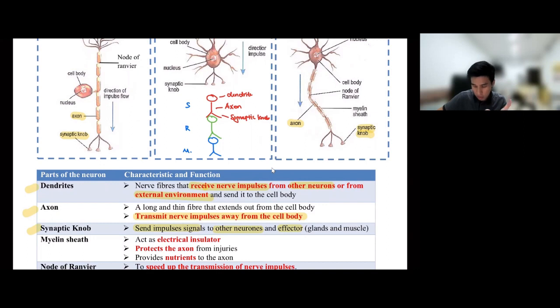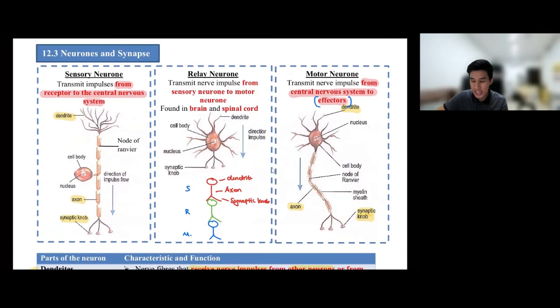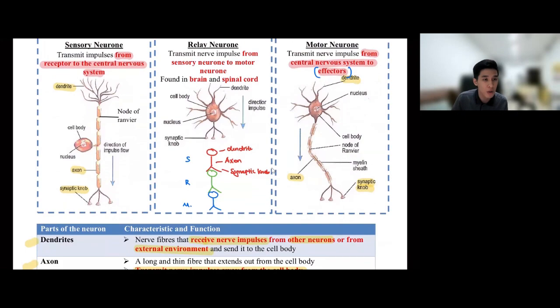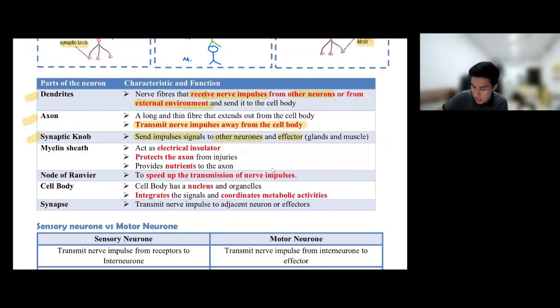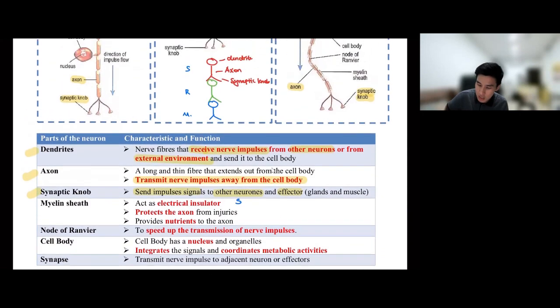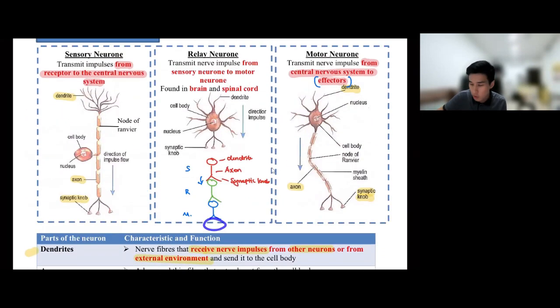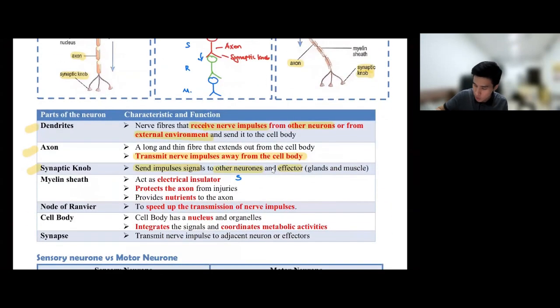In case you didn't hear properly, which neuron's synaptic knot sends impulse to the next neuron? I'm talking about sensory and motor only, relay later. It's definitely sensory, because sensory is connecting to the next neuron. Motor is not connecting to another neuron; motor connects to effector. So those who said sensory, correct. Very good.